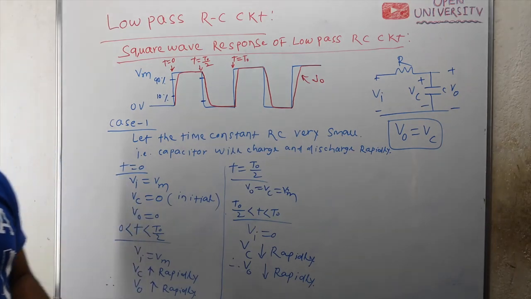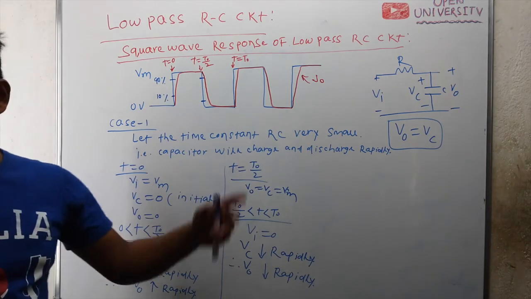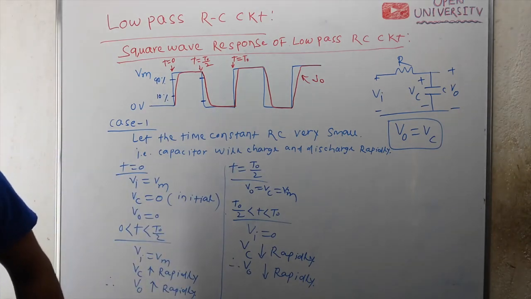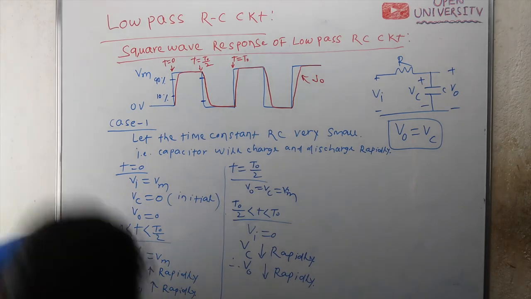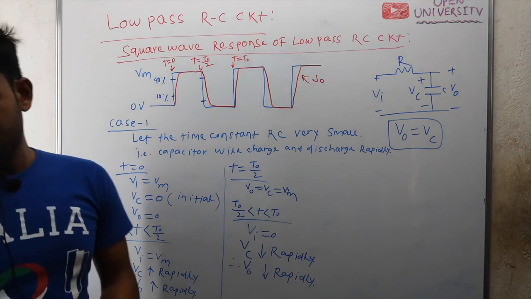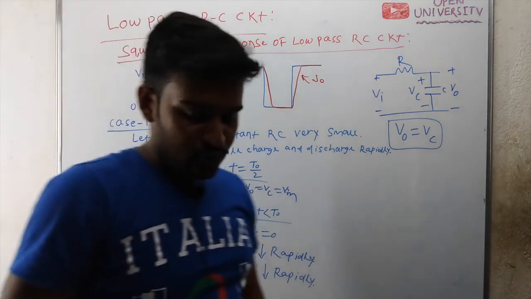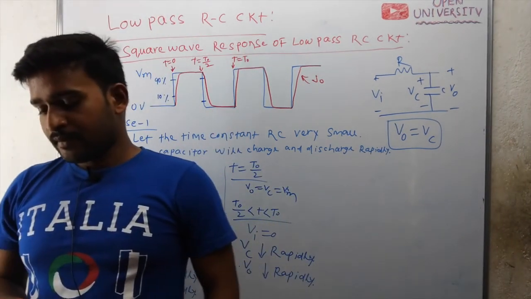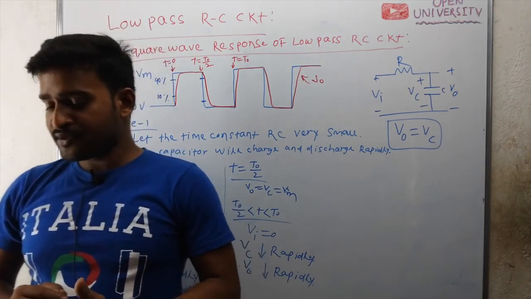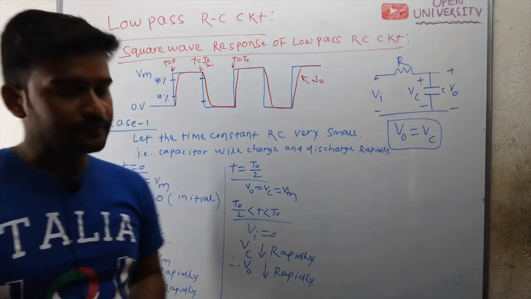This output waveform has smooth rise and smooth fall. Write down: output waveform has smooth rise and smooth fall. Full stop. Next one, performance of low pass RC circuit is described in terms of rise time and fall time.